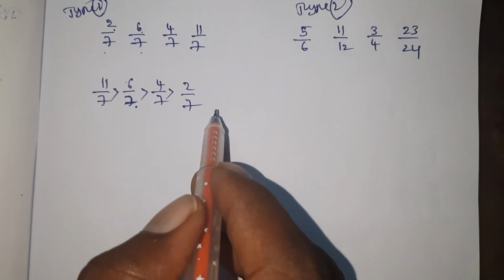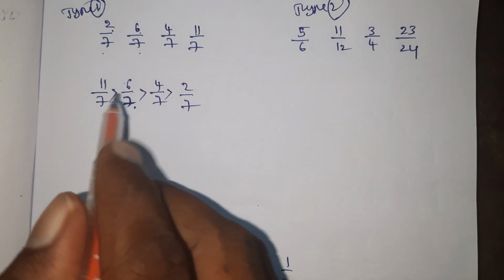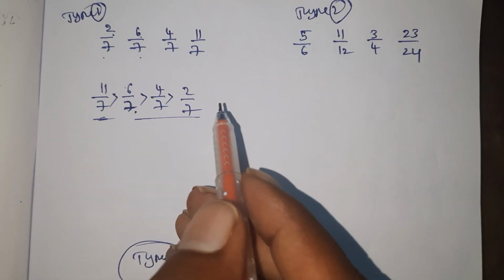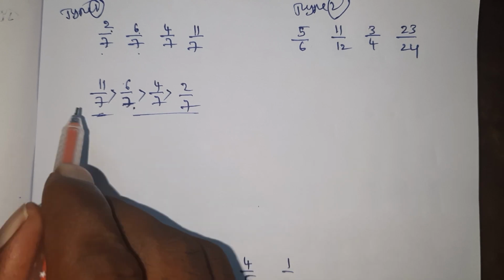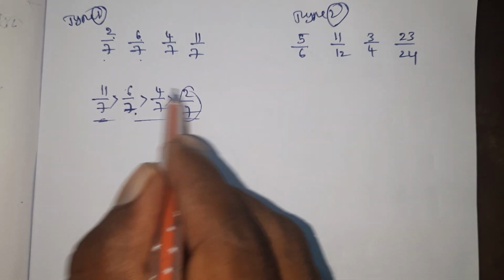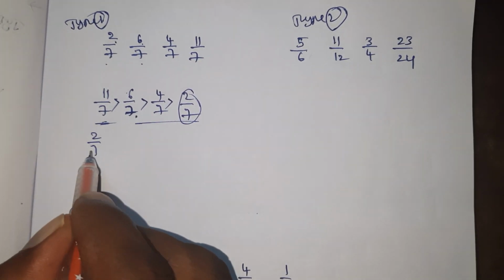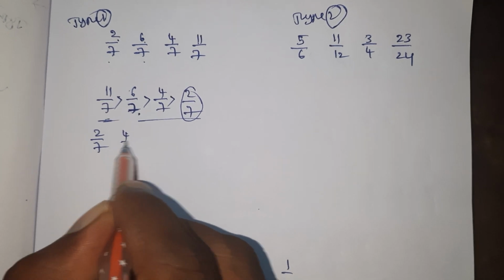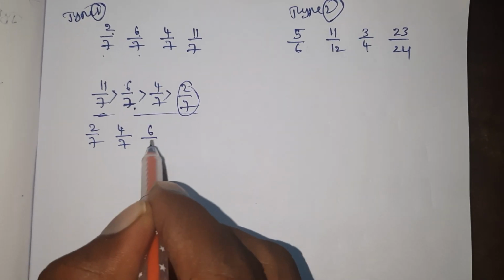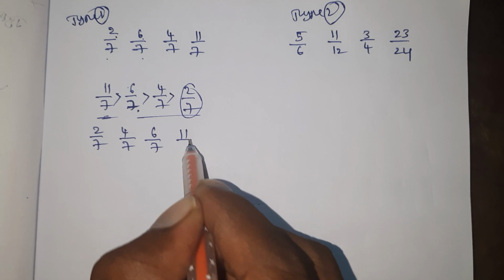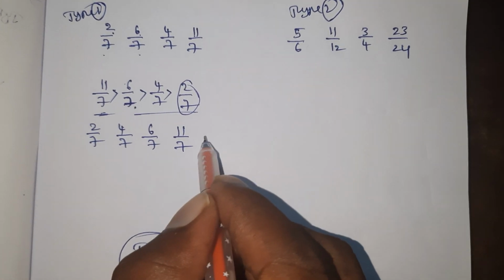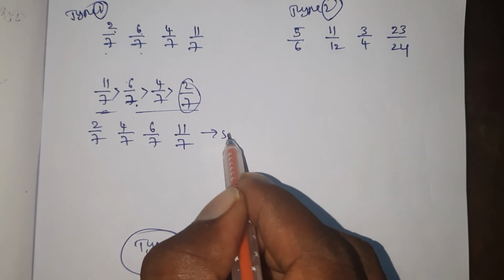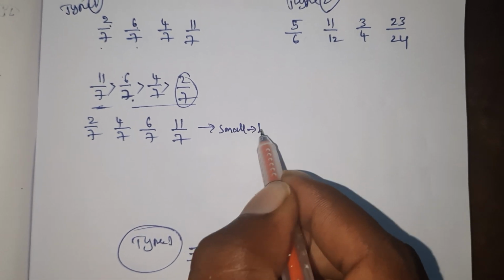So if they ask to arrange in ascending order, ascending order means lowest fraction to highest fraction. The lowest fraction is 2 by 7, the next fraction is 4 by 7, and next is 6 by 7, next is 11 by 7. So this is ascending order, small to big.